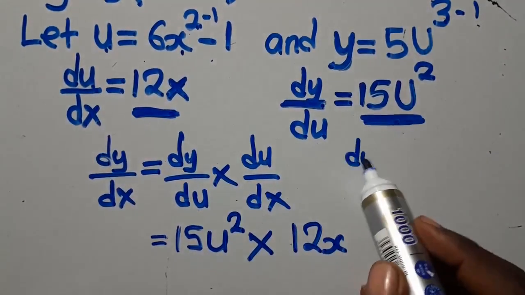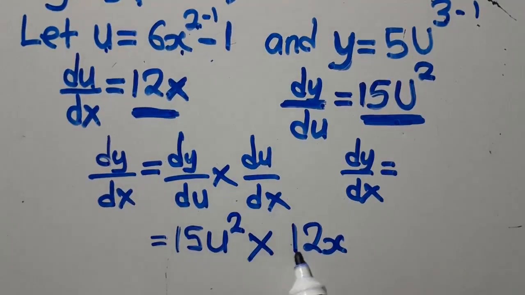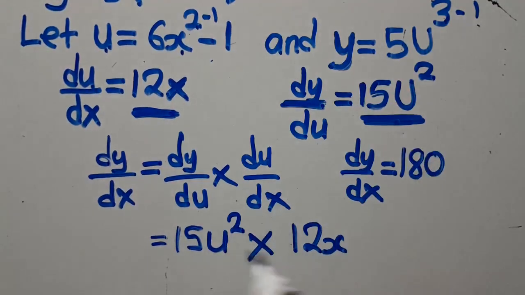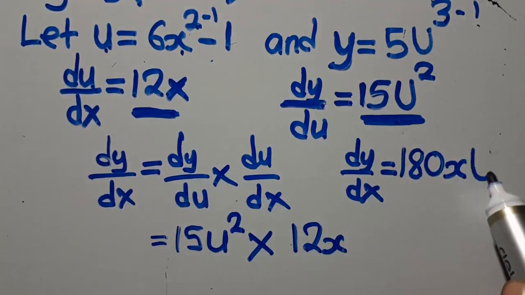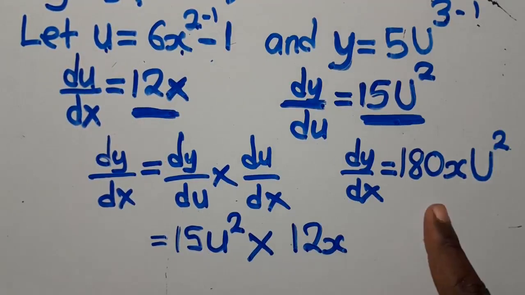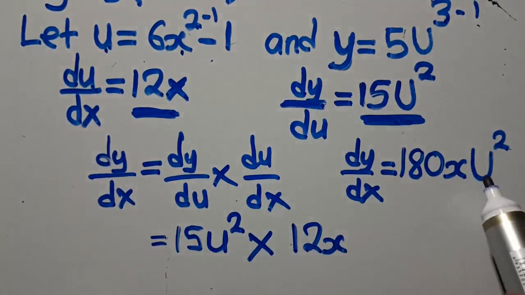You say dy/dx is equal to what? Multiply 12 times 15. What answer are you getting? 12 times 15, you get 180. There is x here, so 180x, then there is u raised to the power 2, like that.